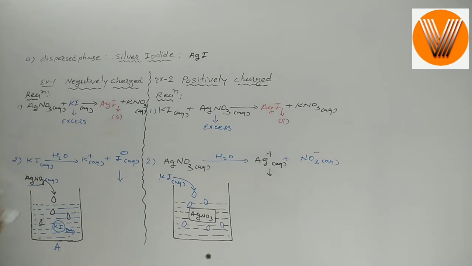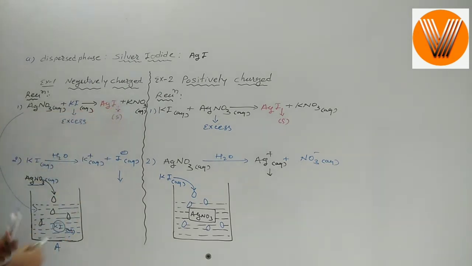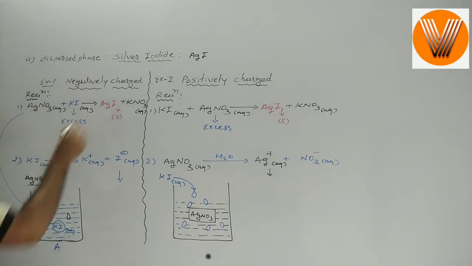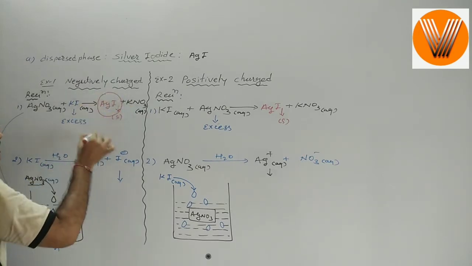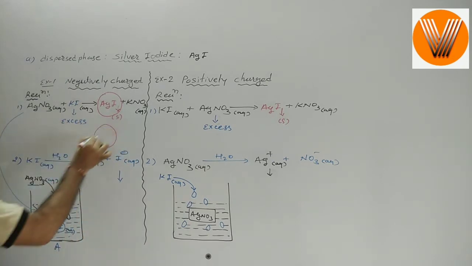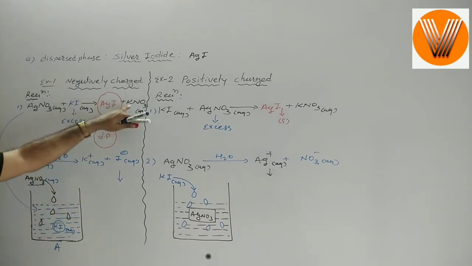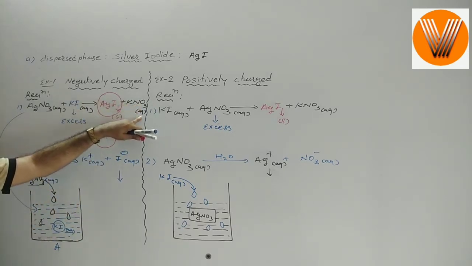Then this reaction takes place in beaker A: AgNO3 reacts with KI and a precipitate of AgI, the dispersed phase, is produced, along with KNO3 in aqueous form.